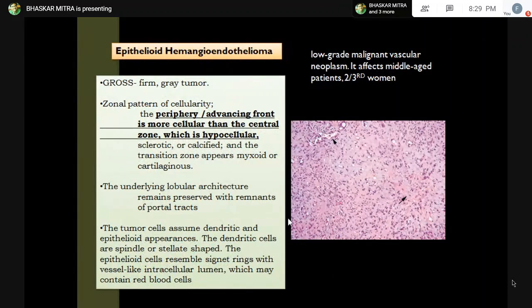They show small vessels with the periphery showing more cellular areas, and the central hypocellular areas which are sclerotic, may be calcified. In between the stroma may be myxoid. The individual tumor cells show a dendritic type of appearance or epithelioid appearance, may show signet ring style of cells. These are low-grade malignant vascular neoplasms.